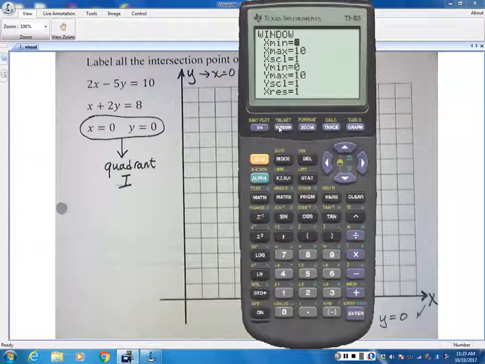Let's see. Okay, that's right. Change that to 0. And now hit graph.